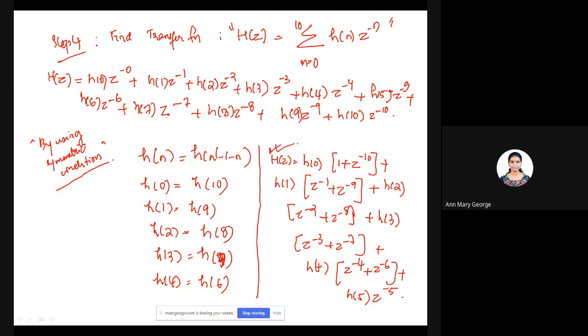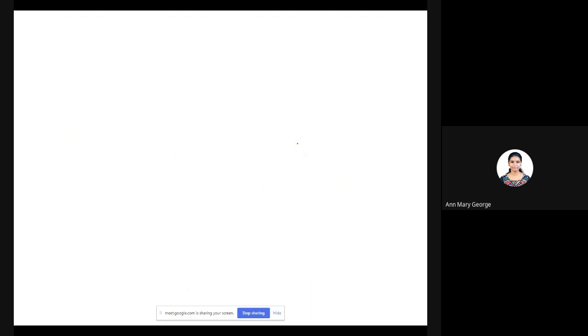ഫൈനലി നമുക്ക് എന്ത് കിട്ടി? ട്രാൻസ്ഫർ ഫംഗ്ഷൻ ഇങ്ങനെ കിട്ടി. ഇനി എന്ത് ചെയ്യണം? വാല്യൂസ് അറിയാലോ, സബ്സ്റ്റിറ്റ്യൂട്ട് ചെയ്തോ വാല്യൂസ്. എന്ത് കിട്ടും?